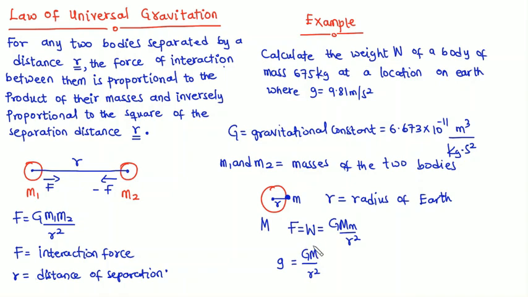So when you substitute all those values into this expression, we get g, which is known as the acceleration due to gravity, and that is a constant. It has been calculated to be equal to 9.81 meters per second squared, if you are dealing with problems on the surface of Earth. We consider GM over r squared to be equal to 9.81 meters per second squared.